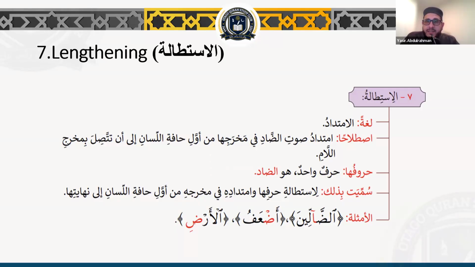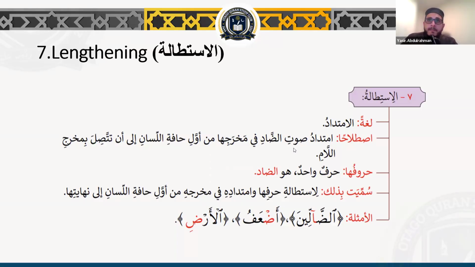Let's say as-samawati wal-ard, like this additional sound that comes with the dad. That's what is called the istitala. Any question on this one, brothers? We'll come to practice on it, inshallah, in a later stage.